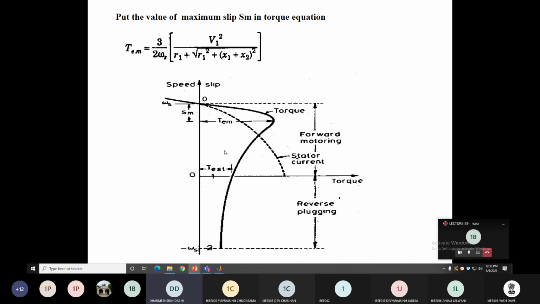But generally we operate the induction motor in the forward motoring region to control the speed and torque. So this is the basic torque speed characteristic. If you understand it, then you can understand how to control the speed and torque of the induction motor.